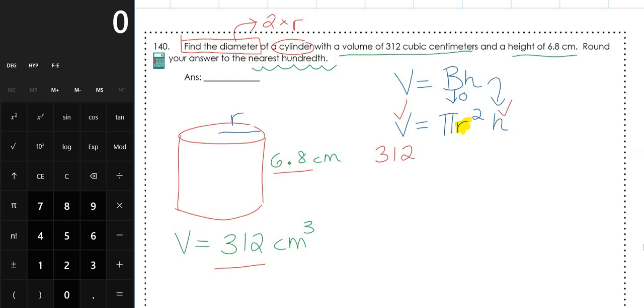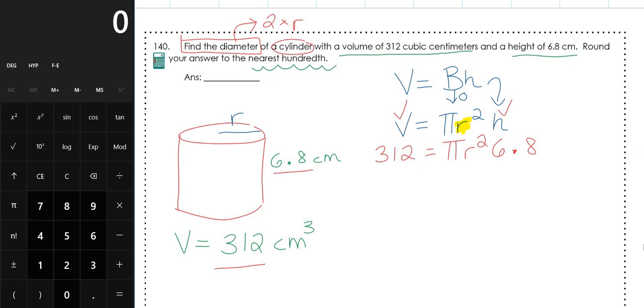312, I'm plugging that in for v, equals pi r squared h. Oh, let me fix the h. It's not h. We know our height. Our height is 6.8. Okay, so I want to get r squared by itself, which means I need to get rid of the pi and I need to get rid of the 6.8.